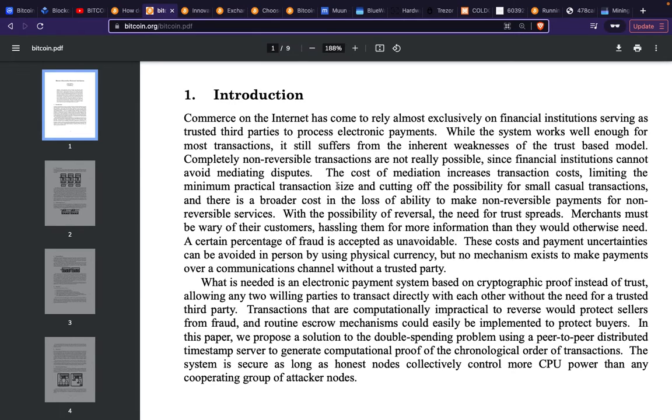The cost of mediation increases transaction costs, limiting the minimum practical transaction size and cutting off the possibility for small casual transactions, and there is a broader cost in the loss of ability to make non-reversible payments for non-reversible services.